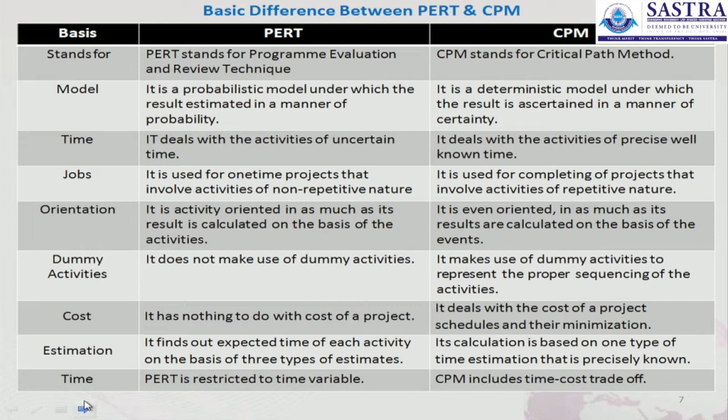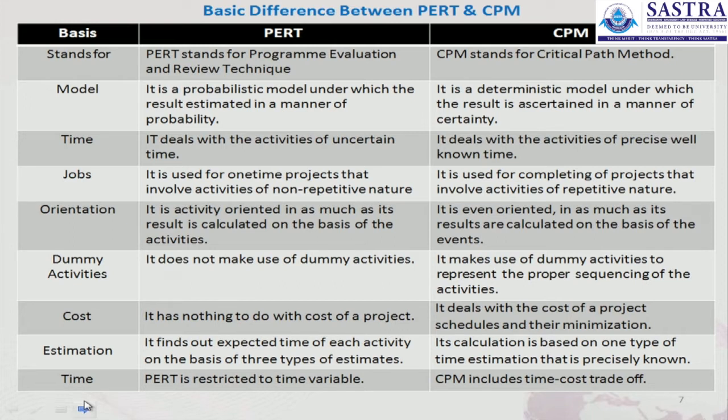The orientation of PERT is activity oriented, in as much as its result is calculated on the basis of the activities. But CPM is event oriented, in as much as its results are calculated on the basis of the events.